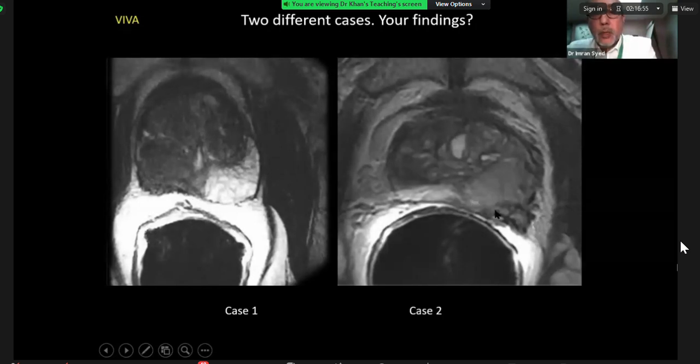Case 2, which has deliberately been shown, on the other hand, shows a bulging effect of the pathological side, and the normal side shows a normal capsular margin which is not retracted, but is in its normal position. So it's worth knowing that tumours can also cause a retractile effect as well as causing nodular bulging. And this was indeed a T3A process, as you described, not T3B.